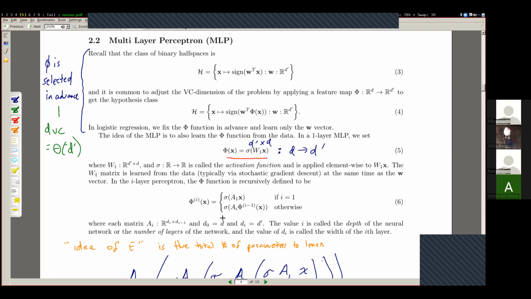The K layer perceptron is then to repeatedly apply feature embeddings, and this is just a recursive formula that illustrates that. So that's another interpretation of what the MLP does. This is the hypothesis class, and it somehow selects a hypothesis from this class.